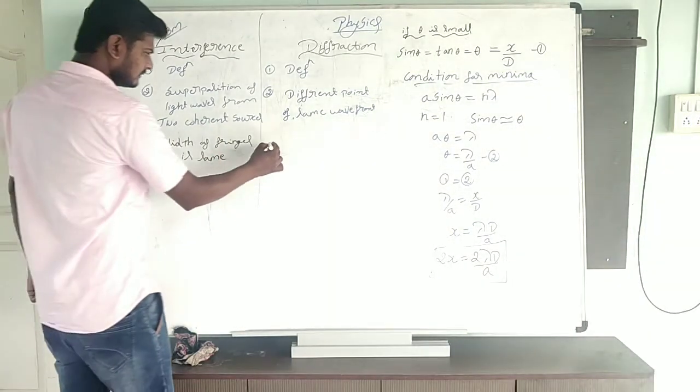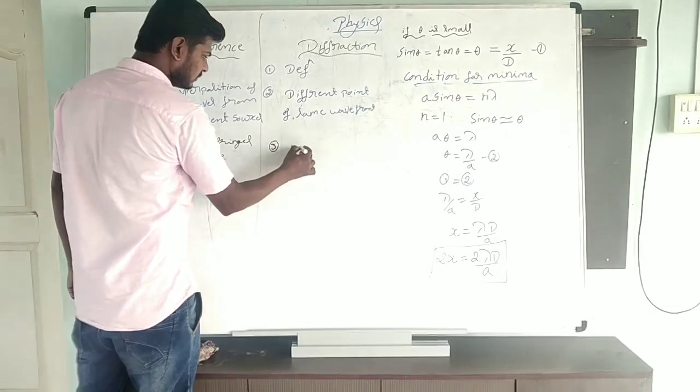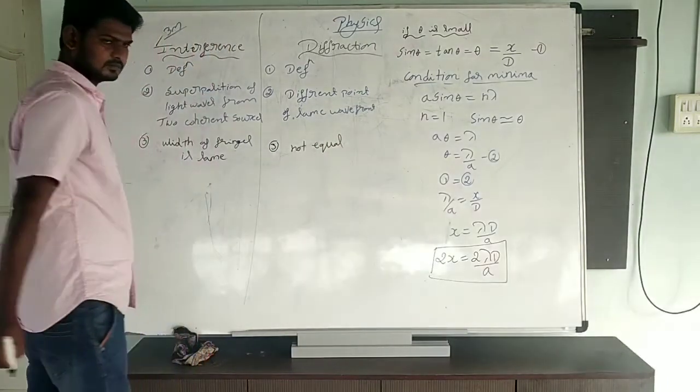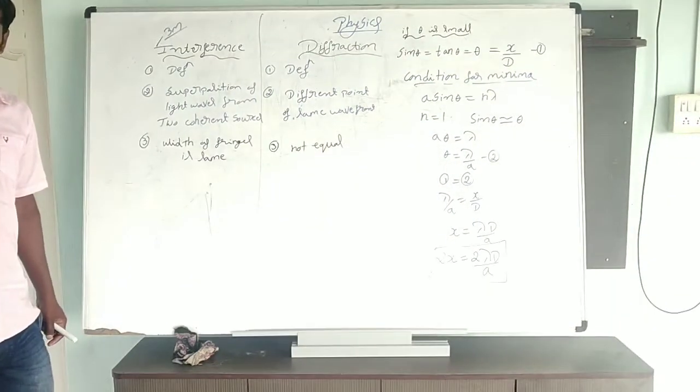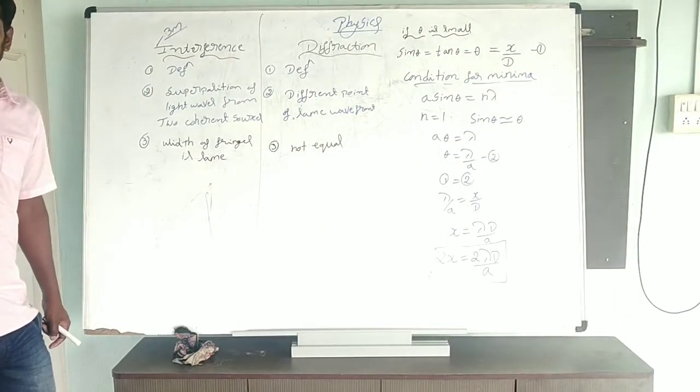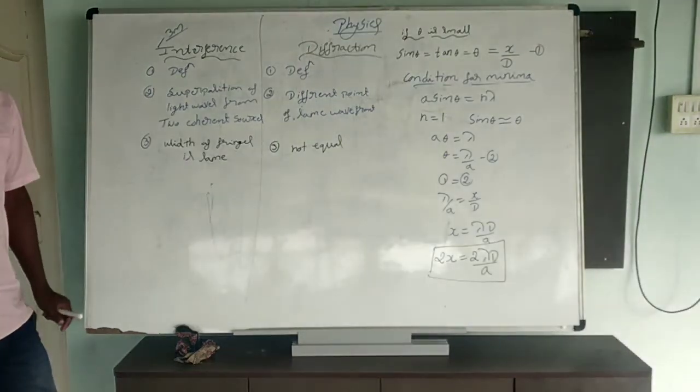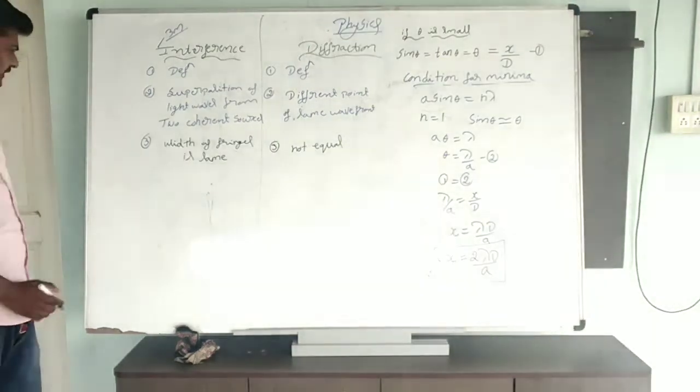Here, fringe width is not equal, because when you move above or below the center, the central will be maximum width. What will happen? The width of the fringes will decrease.